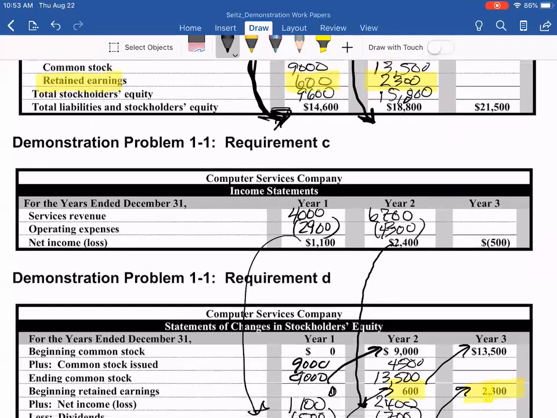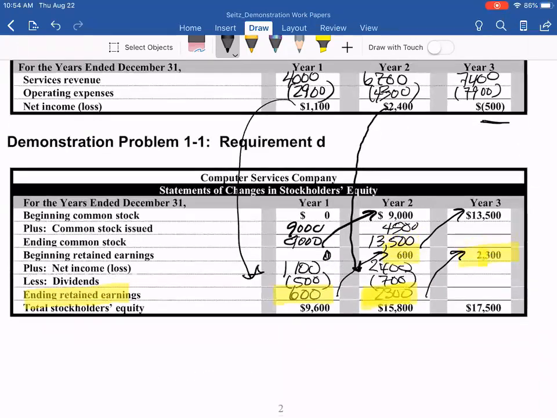My net income for year 3 is revenues of 7,400 less expenses of 7,900, and I have a net loss this year. See, it's in parentheses, which means a net loss of 500. Well, when I dropped that down, I had a beginning balance for my retained earnings of 2,300. I lost 500. I somehow paid dividends of 300, and so therefore my ending retained earnings balance was 1,500.